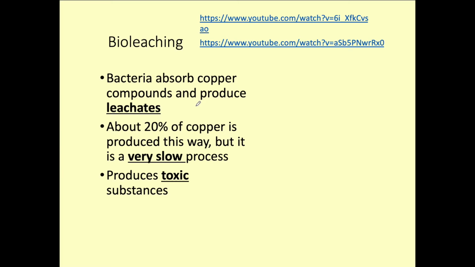So our bacteria, these are living organisms, so that bio part of bioleaching, they absorb the copper compounds. These copper compounds are in the low-grade ores that have been found in the ground, that have been left behind perhaps after some mining has happened.